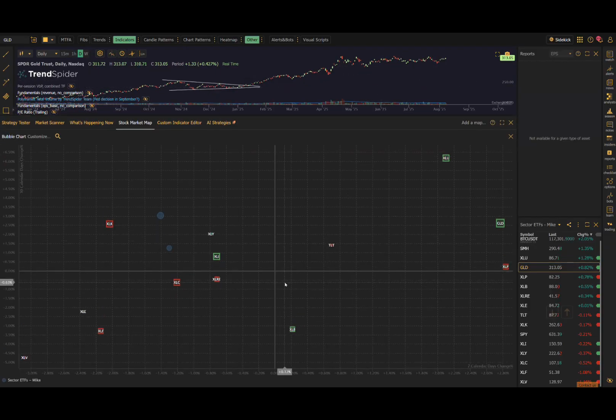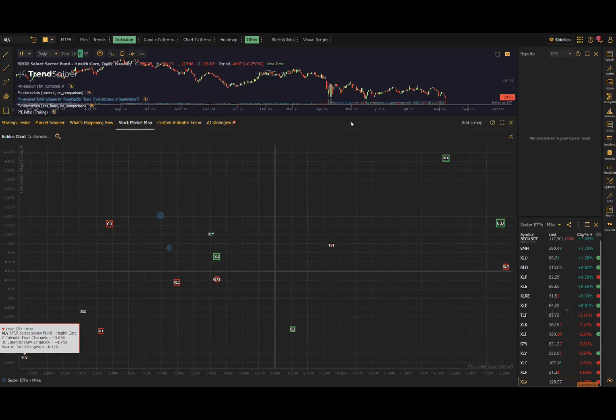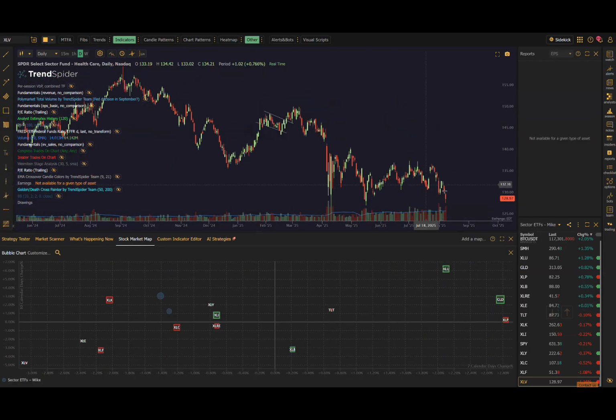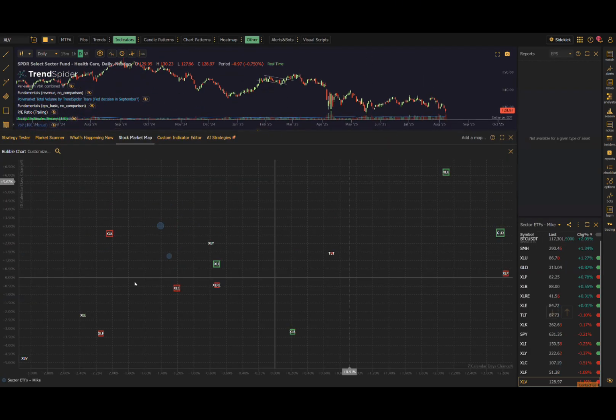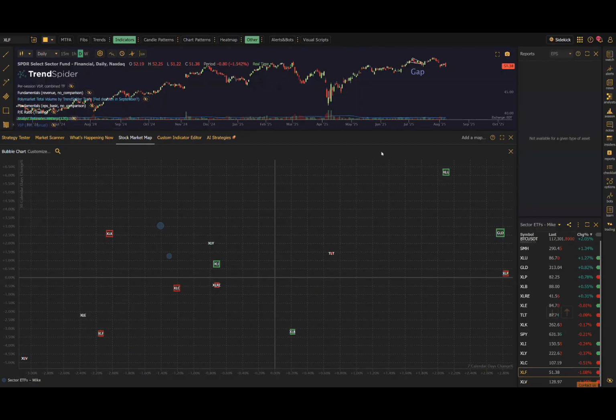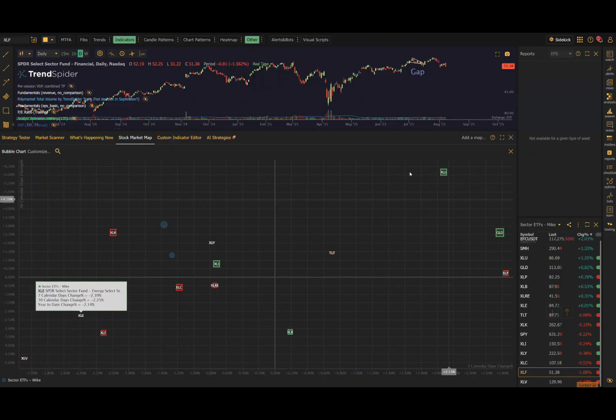And see what is not doing well. XLV, which I believe is healthcare, is lagging. And obviously, as you can see when you pull up the chart, it is definitely lagging. Financials are also not doing good. But basically how this chart helps you is that instead of just looking at a watch list, which is kind of plain, you can see it directly, visually on a bubble map, what is not doing well and what is doing well.